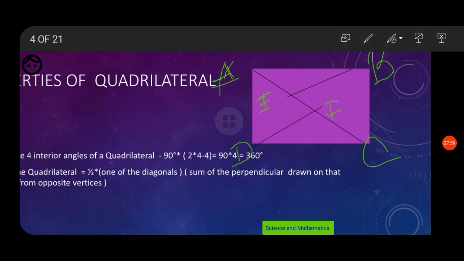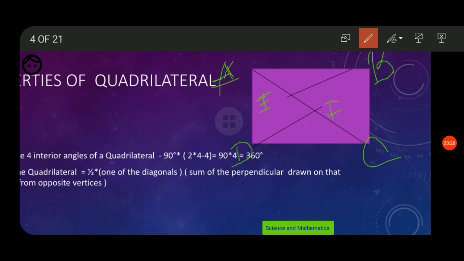Then the perpendiculars will be from this side and this side, so they will be different. Or you can take BD as I was telling you, but let's take AC now.